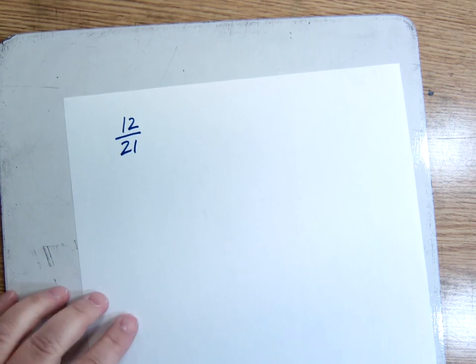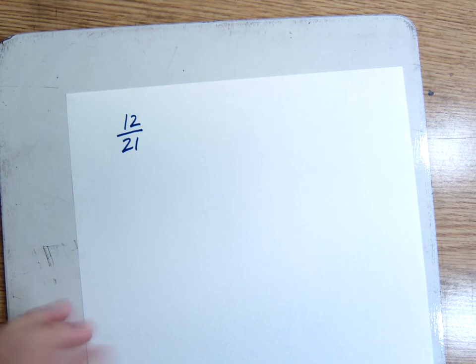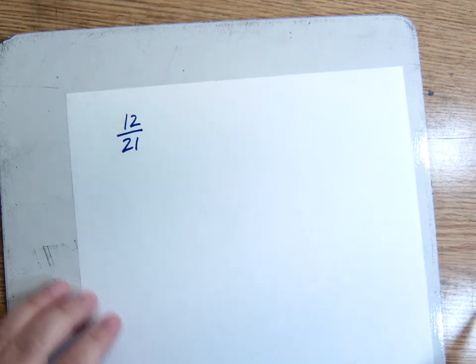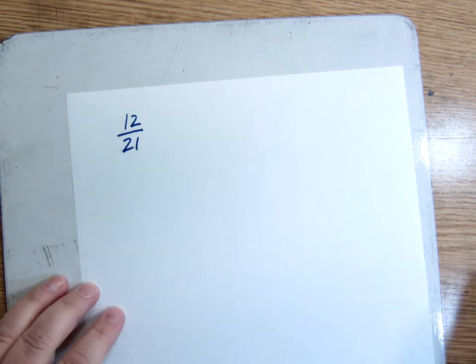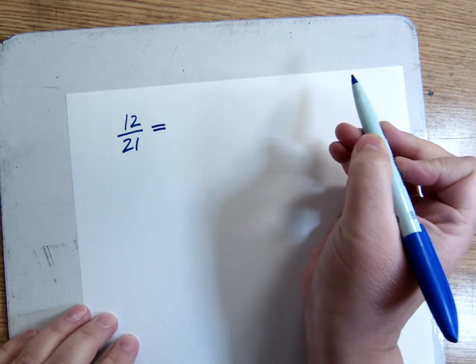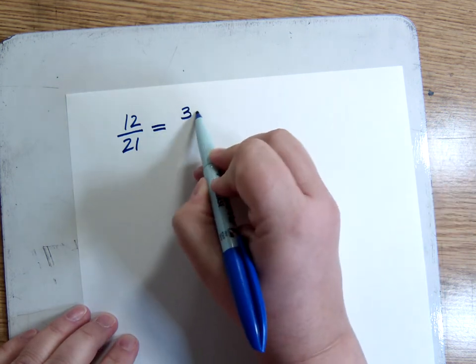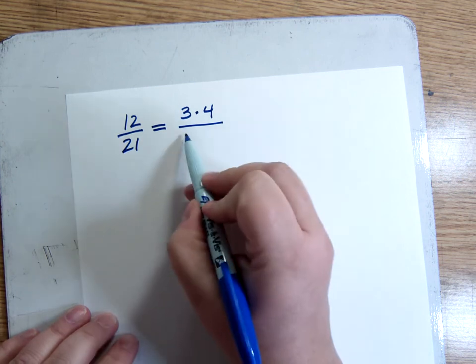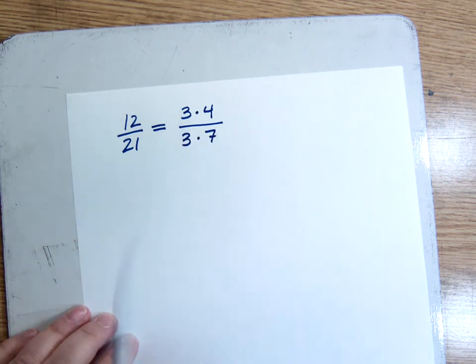If I want to simplify this, I take something that can come out of both 12 and 21 and I get rid of it. But what that really means I'm doing is this. It means that I am factoring 12 as, for instance, 3 times 4. And factoring 21 as 3 times 7. Now, there are other ways I could factor 12.